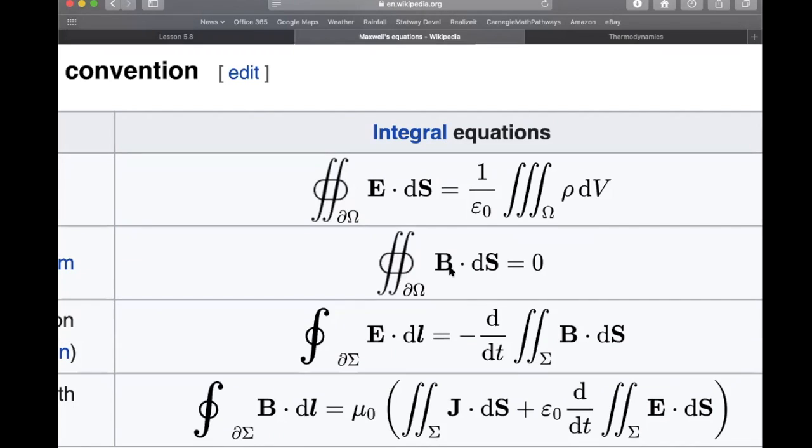This is the flux of a magnetic field through a closed surface. Apparently magnetic fields do not have a net flux as they flow through a surface. So any place where a magnetic field flows through a closed surface, where the field has a positive flux, somewhere else the negative flux will cancel that out. The net flux is always zero for a magnetic field through a surface.